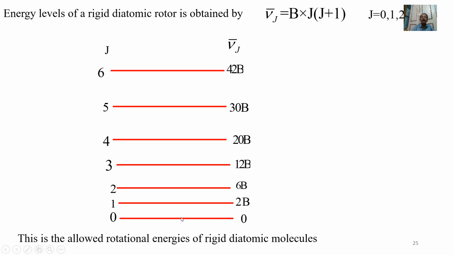And when you take higher levels, j equals 1, 2, 3, the corresponding values are 2B, 6B, 12B, and so on. Here, look at the spacing, they are not uniform. Very important one. So, this is the allowed rotational energy of rigid diatomic molecules. The spacing between these levels increases when you are increasing j values.